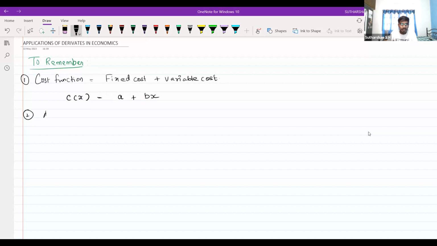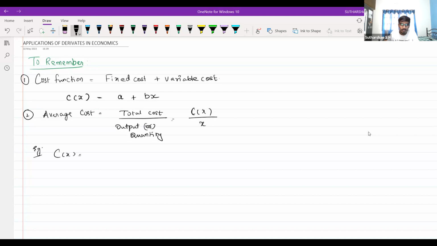Then the second one, average cost. What is meant by average? Something total divided by something. So it will be total cost divided by output, or you can use quantity as a terminology. Total cost is nothing but C of X, and if quantity or output is X. For example, C of X is X square plus 5X plus 6, where X is the output or quantity.